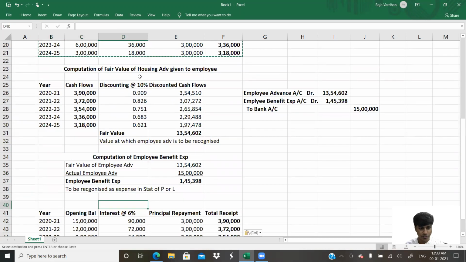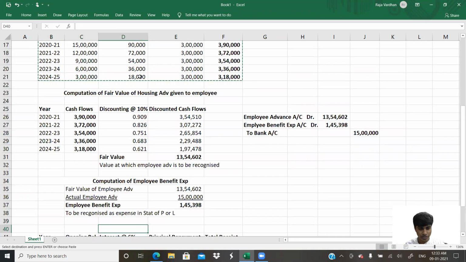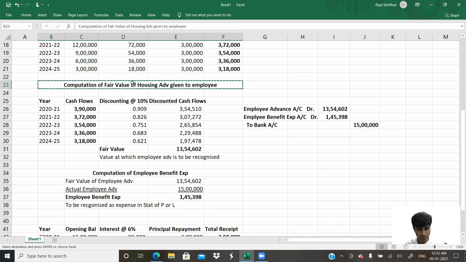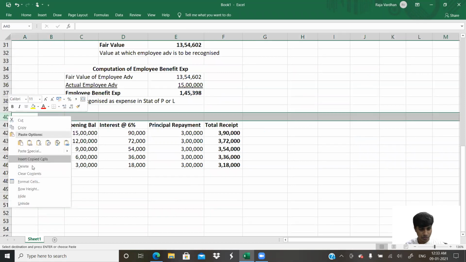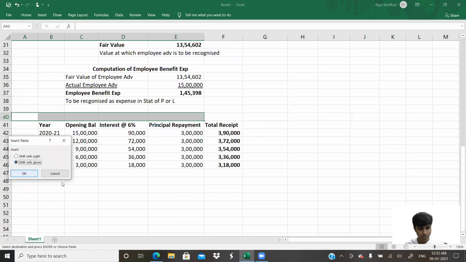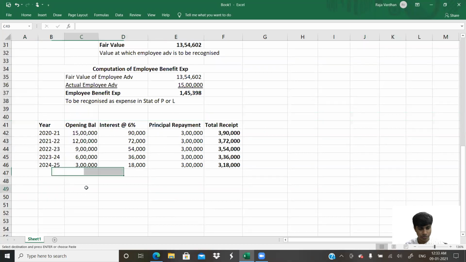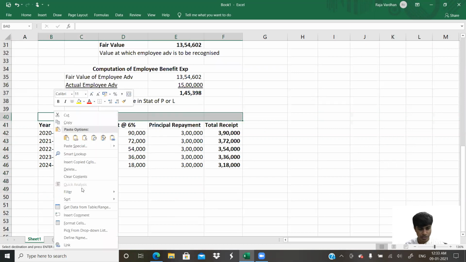Oh, I forgot. Okay, computation of repayment schedule. What am I trying to do? I'm trying to insert a cell.